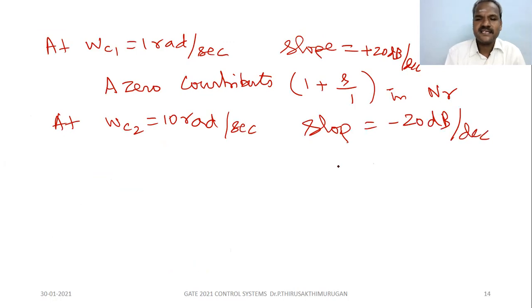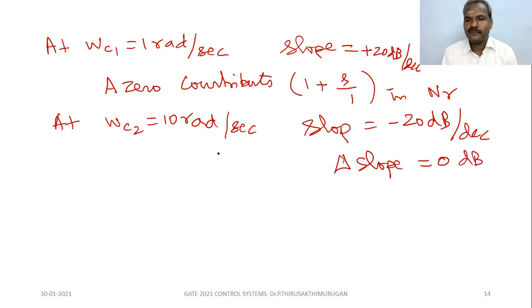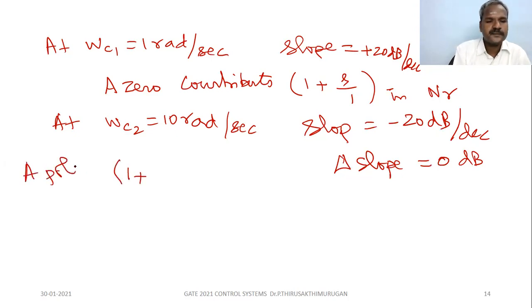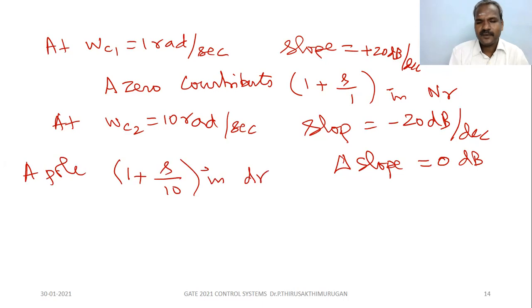So minus 20 dB per decade means there is a pole, not a zero. So the 10 radians per second contributes in the denominator. What is the factor? A pole contributes 1 plus s by 10 in the denominator. So one pole in the denominator.